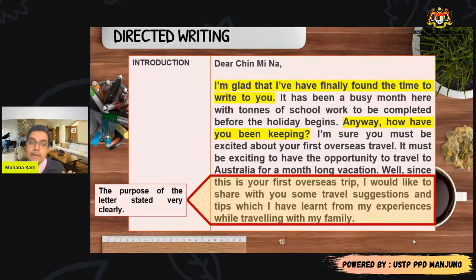Here the purpose of the letter is stated clearly. If you're writing a speech, you also need to put your purpose. If you're writing an article, you also need to put it, just in a different way. So just remember, the purpose of why you're writing the letter is important. Put it in the first paragraph. All right, I'll move on to the next paragraph then.